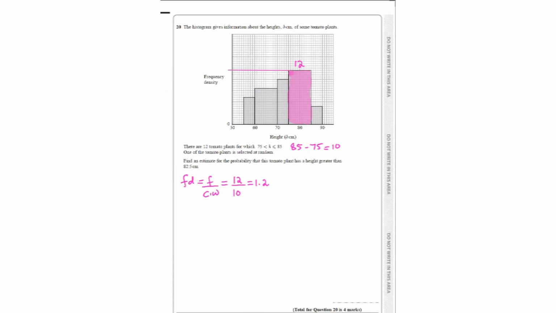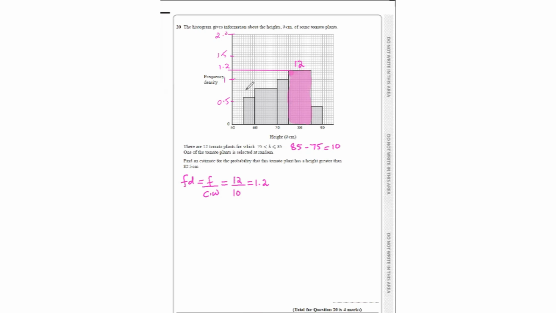So this value is 1.2. If this is 1.2, that means this is going to be 0.5 and this is going to be 1. This one is going to be 1.5 and this is going to be 2.